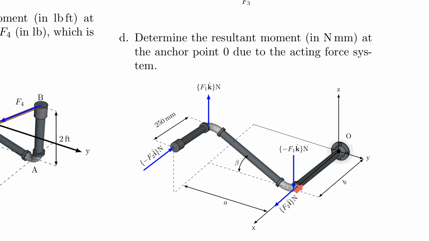Dimensions are given, and what you have to do is find the resultant moment due to all these forces at the anchor point O. And again, it may look like a lot of calculations first, but you may want to notice that F1 and F1 are actually acting opposite to each other, right? And F2 and F2 act also opposite to each other. So maybe there's something you can learn from that.